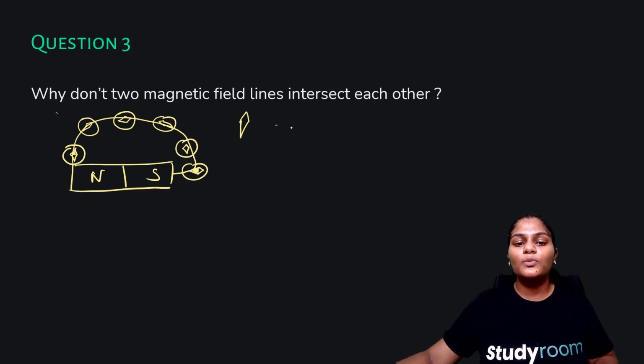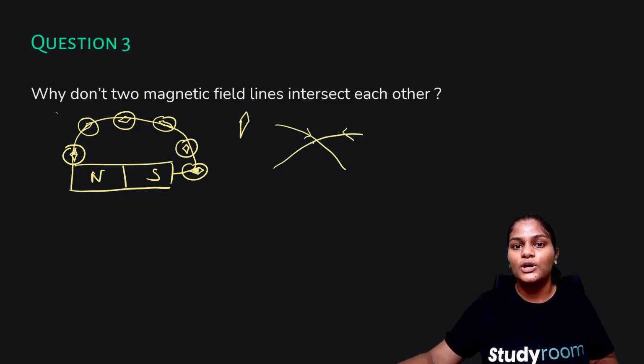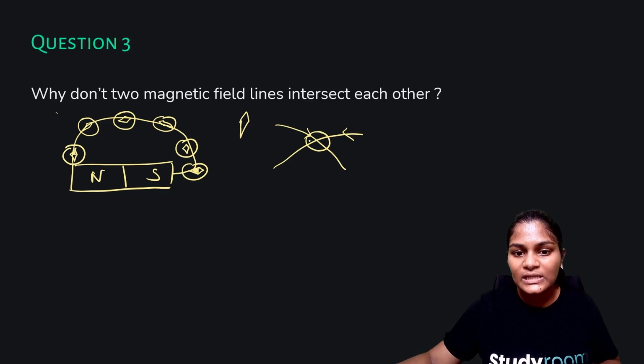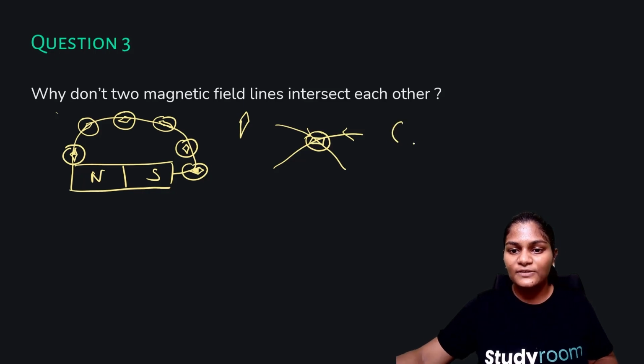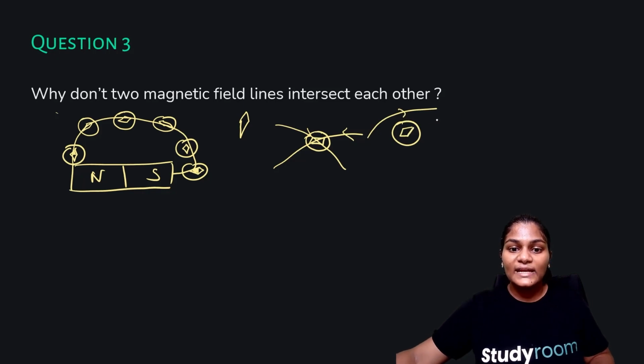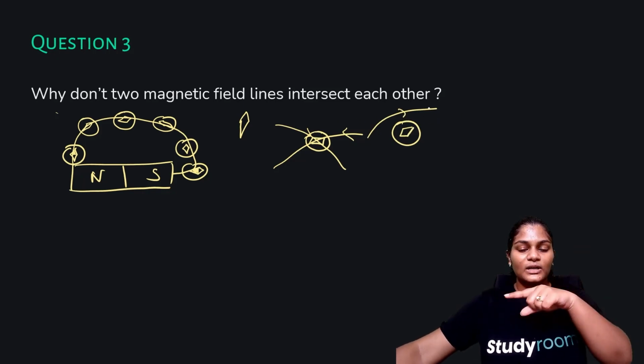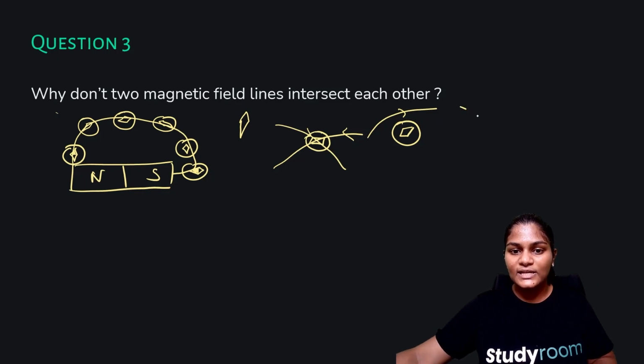Now, think about what would happen if the two field lines going like this intersect each other. What would happen if we keep a compass needle at this point? Where would the compass needle point? If this is one direction, would it point like this? But the direction of the other one is in this direction, right?